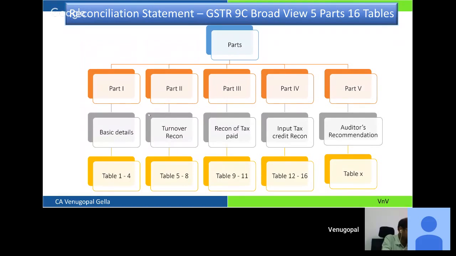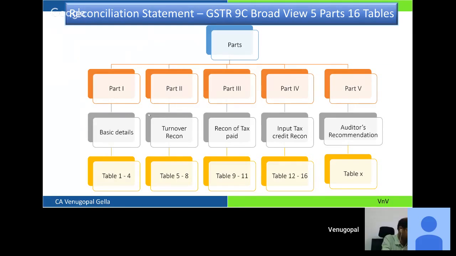If one has to understand what is the tax liability of an SSE, the tax liability is always my taxable turnover multiplied by the rate of tax, less input tax credit. Now taxable turnover, we can say, is aggregate turnover less exemptions.